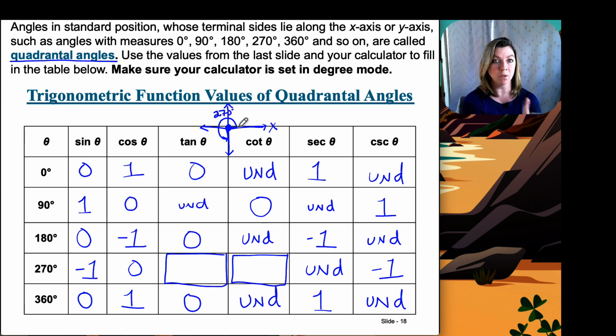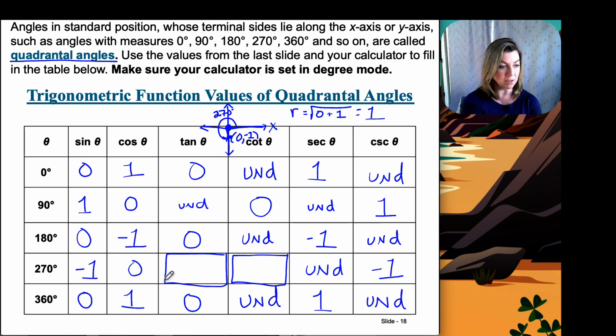Okay, so we pick one point, any point on the terminal side. I'm going to go with (0, -1). So x is 0, y is -1. In that situation, r would be equivalent to the square root of 0 squared, which is 0, plus -1 squared, which is 1. So r is the square root of 1, which is 1. Okay, now that we have x, y, and r, we can figure out tangent of 270 as well as cotangent of 270.